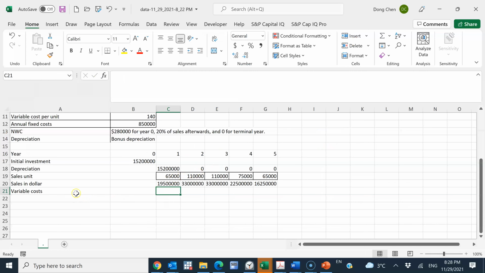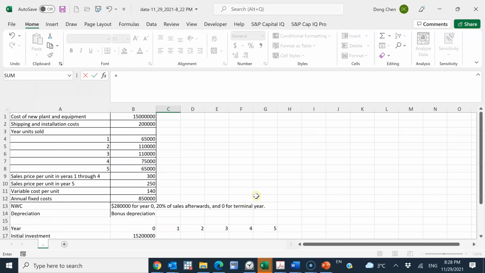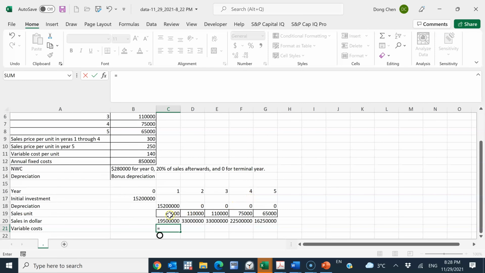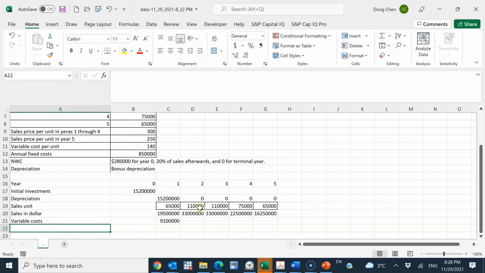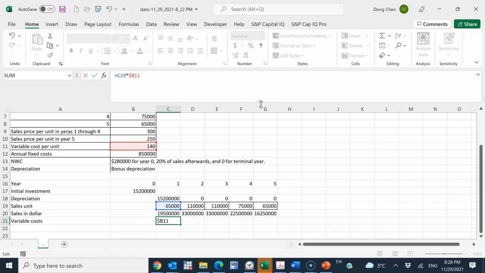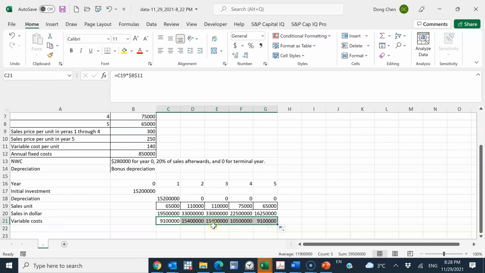And both are easily calculated. So going back to the variable costs, this is again based on the number of units sold for each time period times the variable cost per unit. And this will be the same for each year. So I will have to fix the cell value for the variable cost per unit, and then I can extend this to all other years.